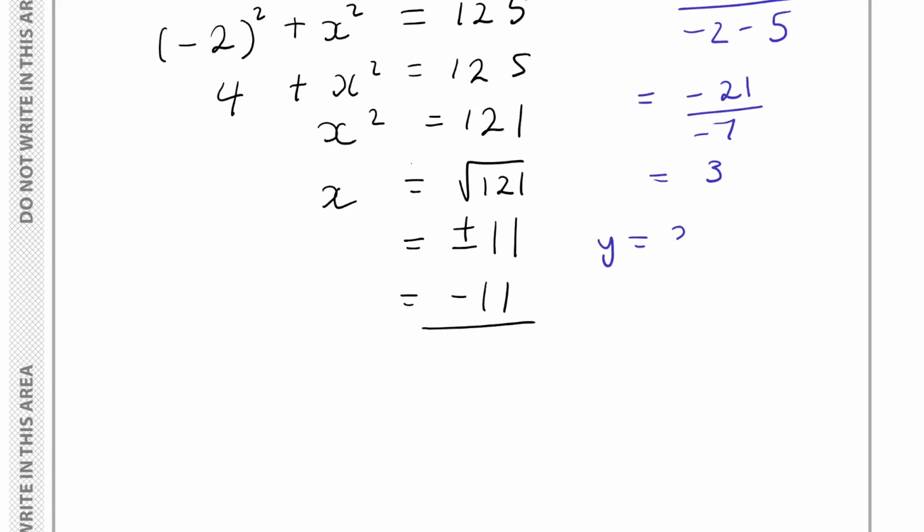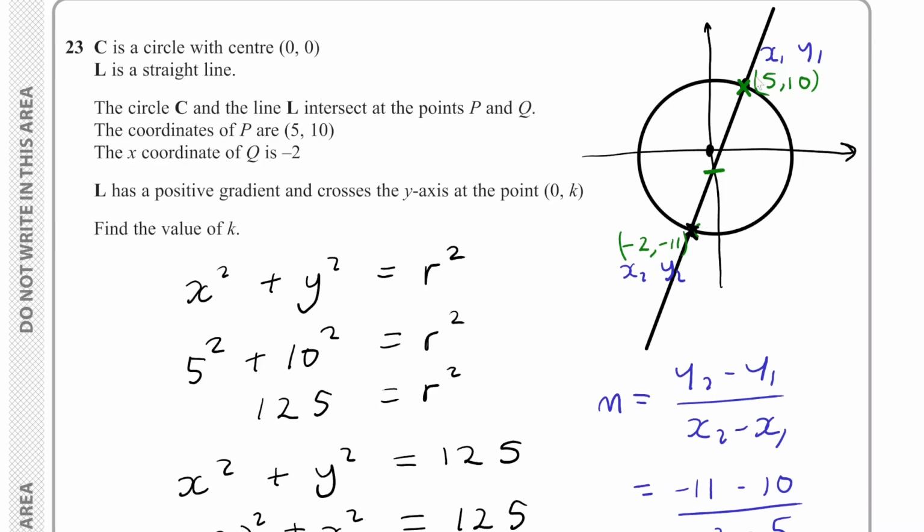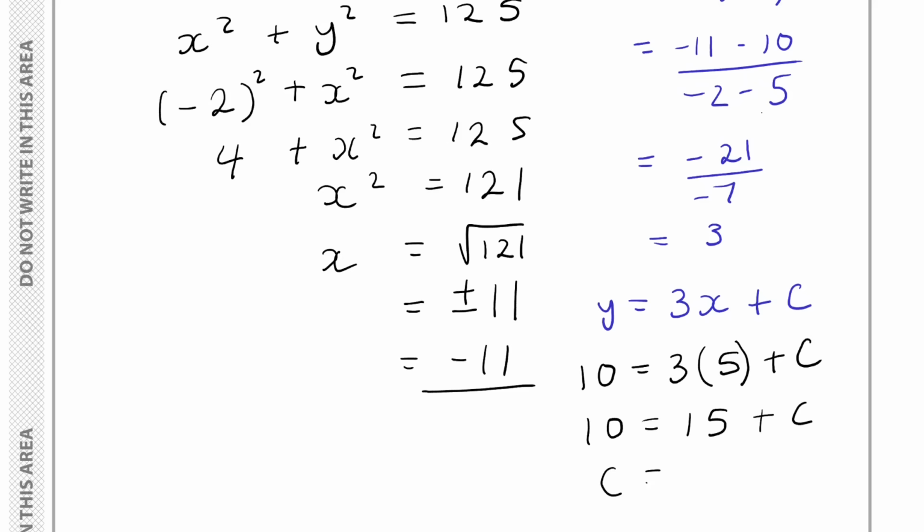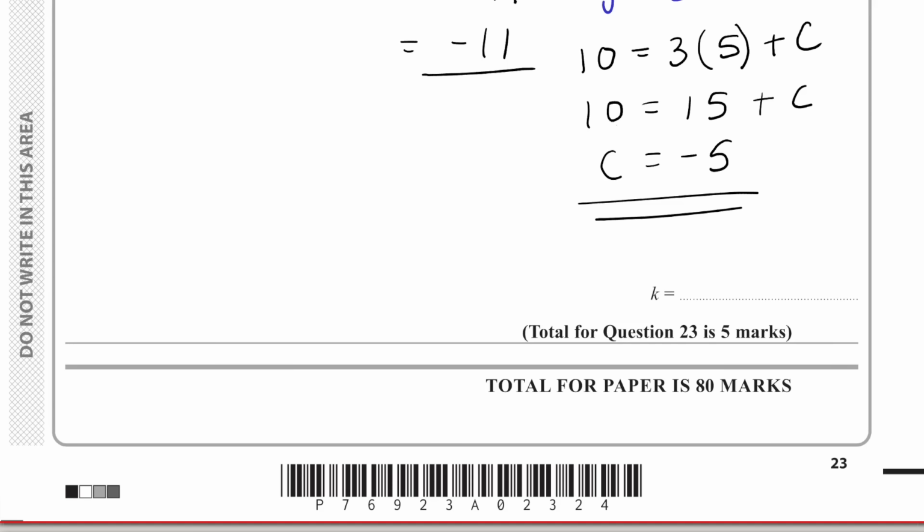So it's y equals 3x plus c. C is what we're working out. We just need to substitute in the 5, 10 for x and y. So 10 equals 3 5s plus c. 10 equals 15 plus c. C is negative 5. So our answer is negative 5.